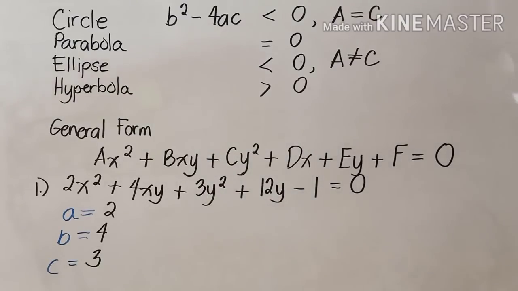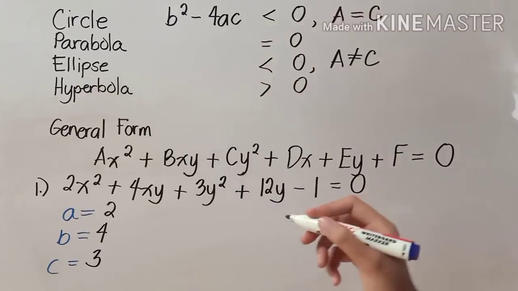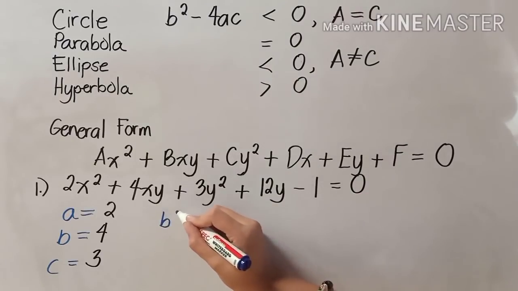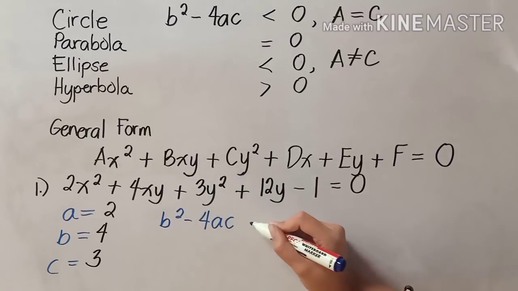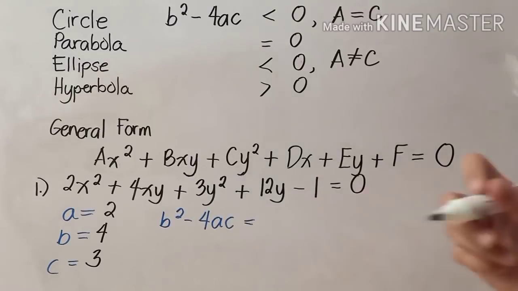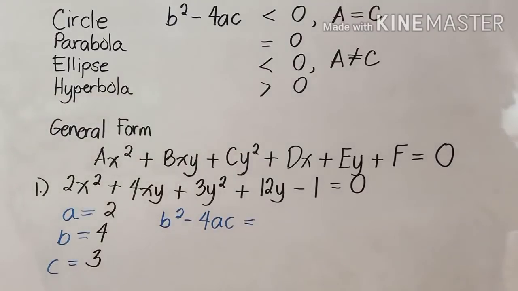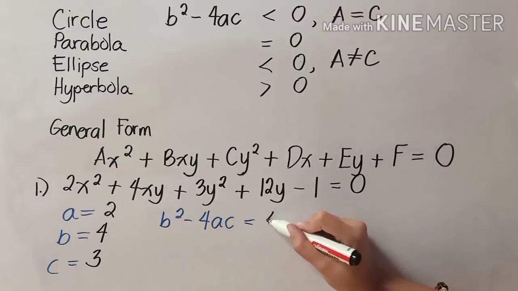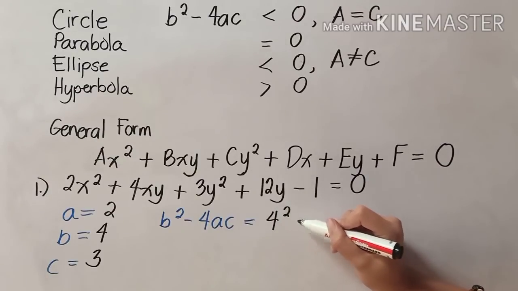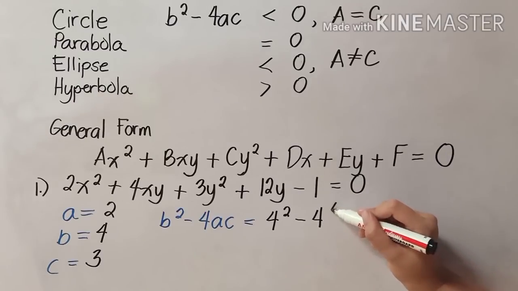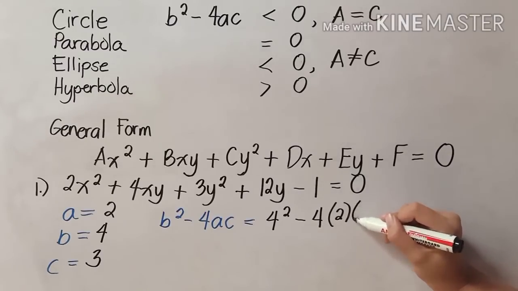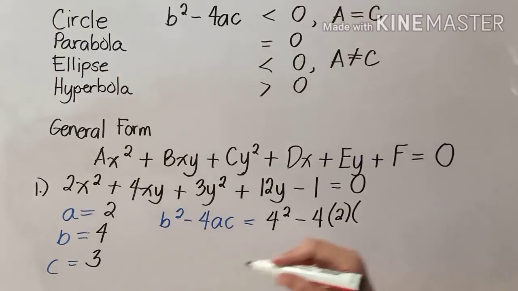Since we already have the values of a, b, and c, we can now proceed with getting the discriminant b squared minus 4ac. We will simply substitute. Our b is 4, so we have 4 squared minus 4, where the 4 here is a constant, multiplied by a, which is 2, and c, which is 3.